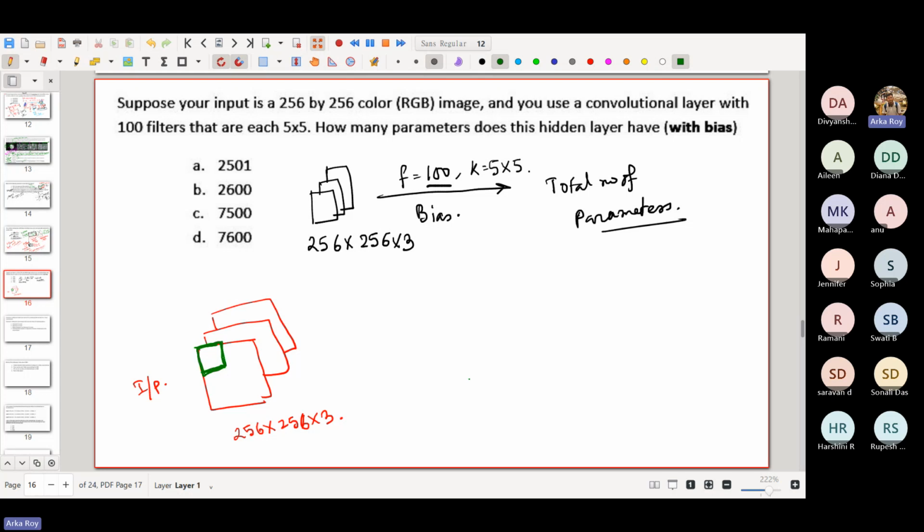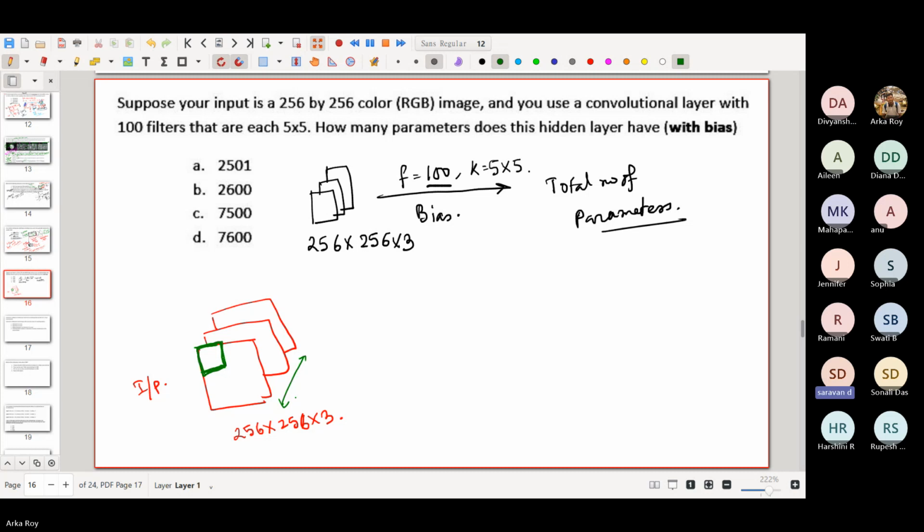You have a 3D input, and you have a 2D convolutional kernel. Can you do a convolutional operation over here? Already I have shown this operation in one of my previous slides. No, sir.